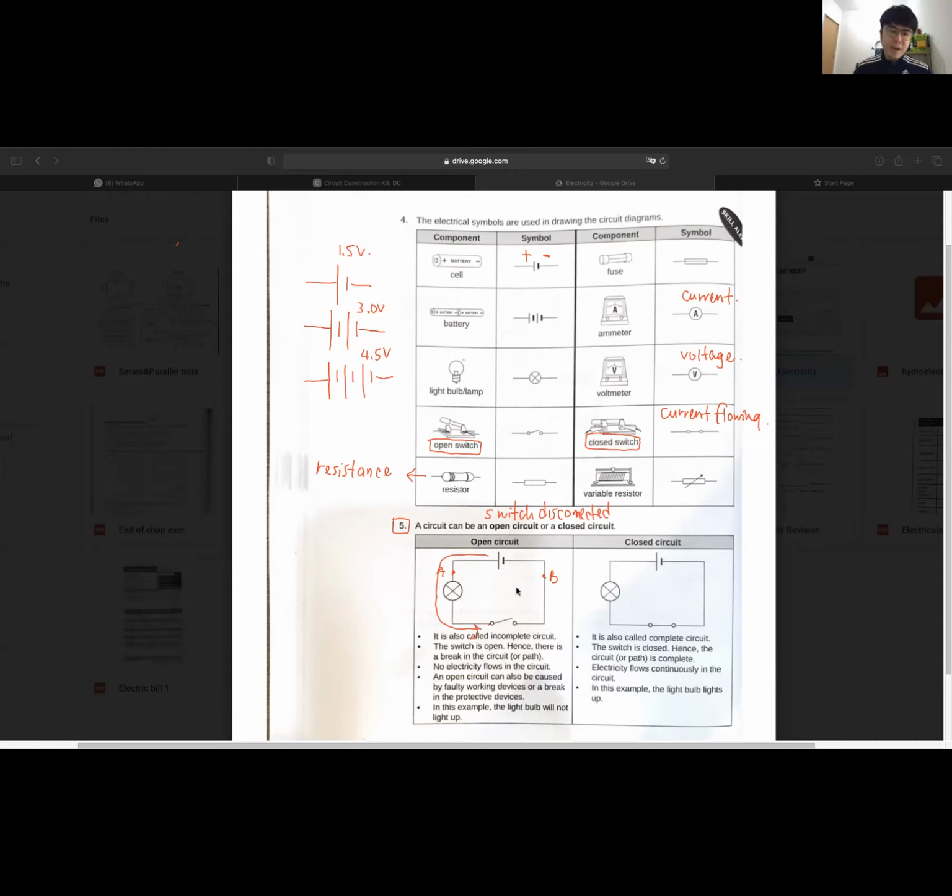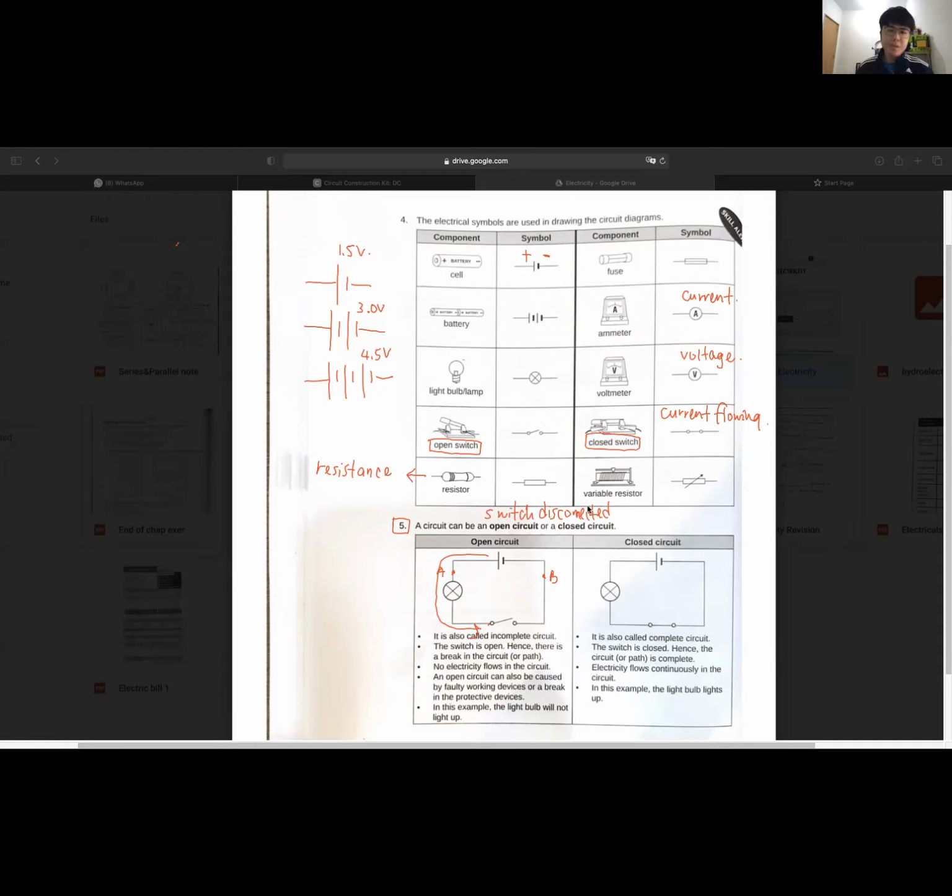That means if a device in the circuit happens to be damaged, there is a fault in the device, that means there is a break in the circuit. So that can also cause an open circuit, and cause the circuit to become incomplete.